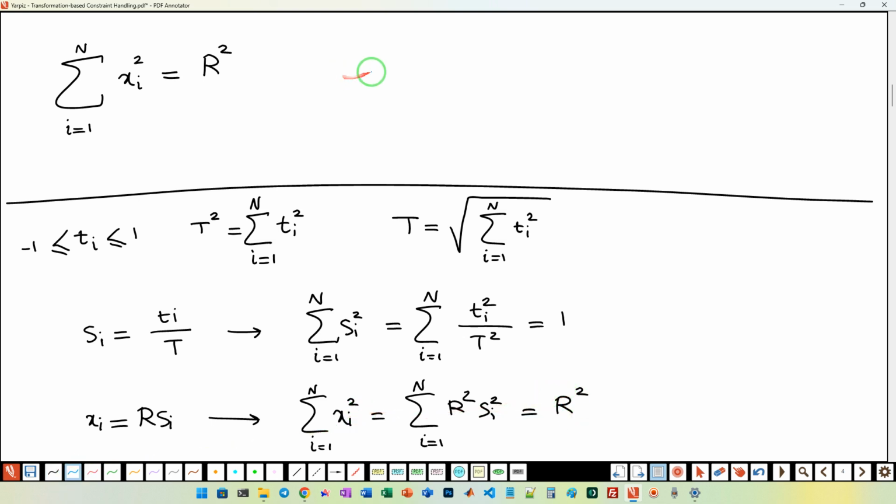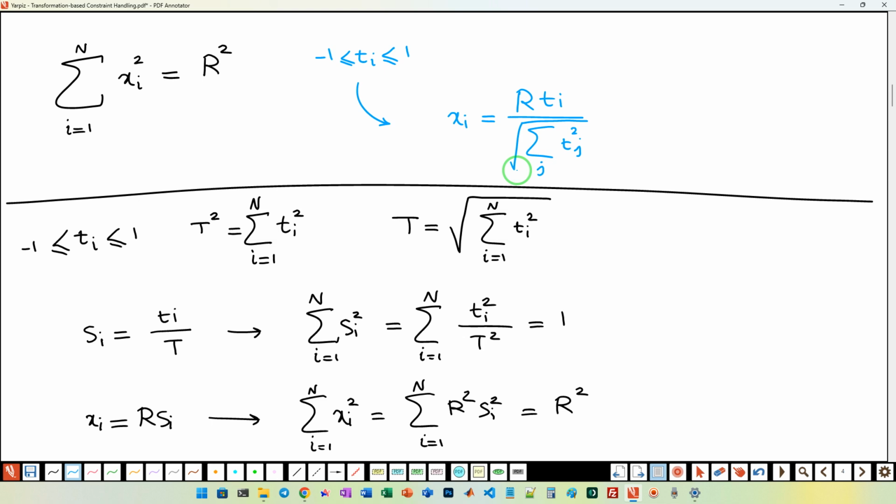So here we can simply say that this is our method of handling this equality constraint, and let's create n variables ti in this way, and we can say that if we define xi equal to r times ti divided by summation of tj squared, but we need to take a square root of this as well, because this is the definition of T. If we define xi in this way, r times ti divided by square root of summation of squares of t, then we're there.